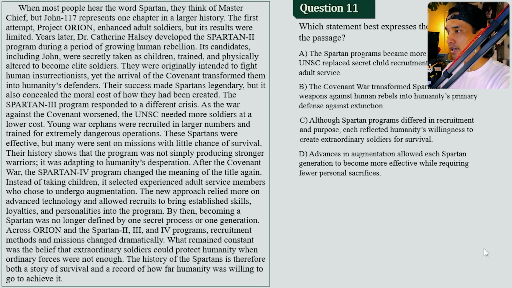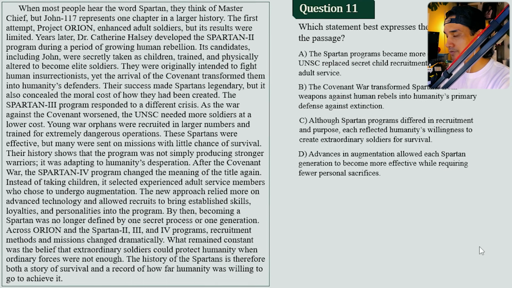Across Orion and the Spartan 2, 3, and 4 programs, recruitment methods and missions changed dramatically. What remained constant was the belief that extraordinary soldiers could protect humanity when ordinary forces were not enough. The history of the Spartans is therefore both a story of survival and a record of how far humanity was willing to go to achieve it.